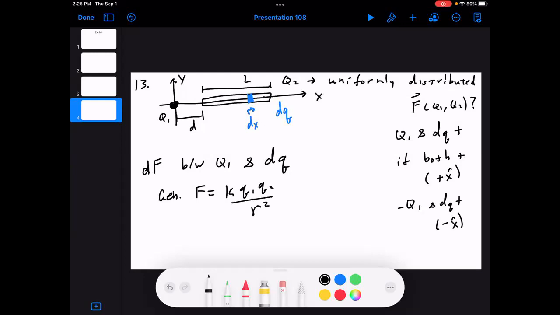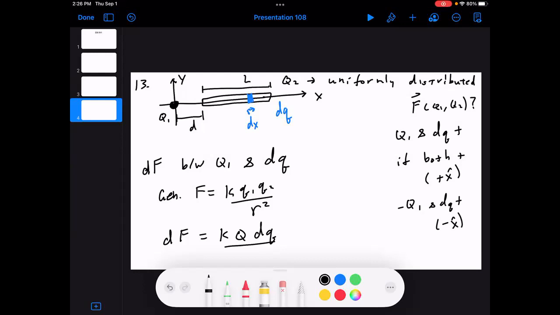So in general, when someone says electric force, go there first. And so for this specific thing, dF, our Q1 is a capital Q1, our Q2 is a dq. And now the hard thing to do is to figure out the distance between these two things.